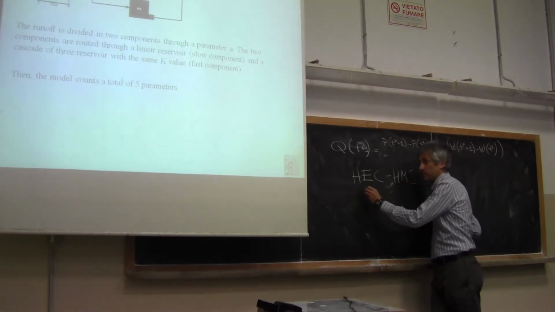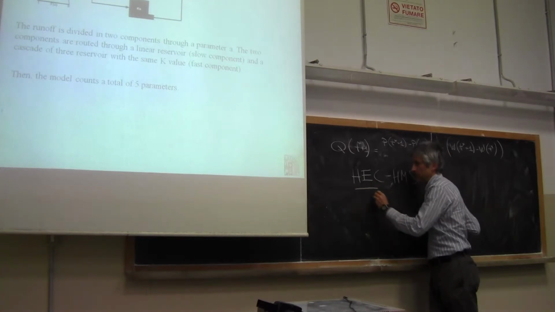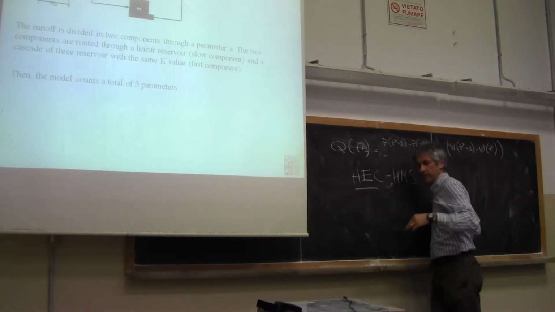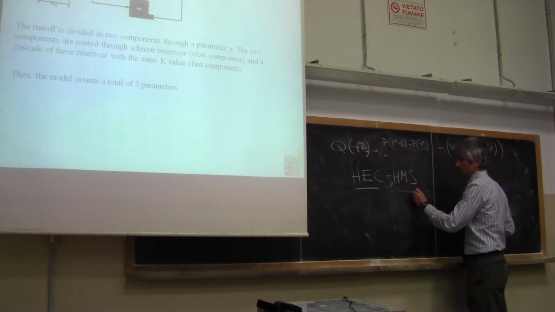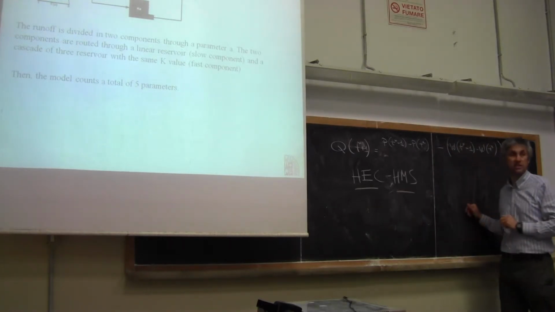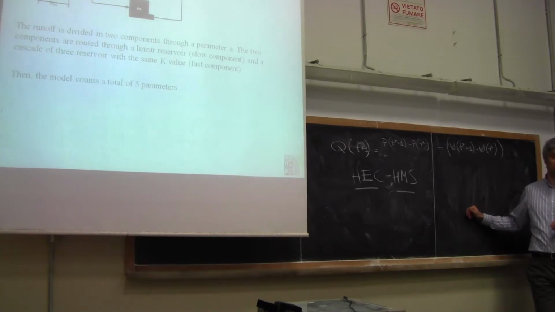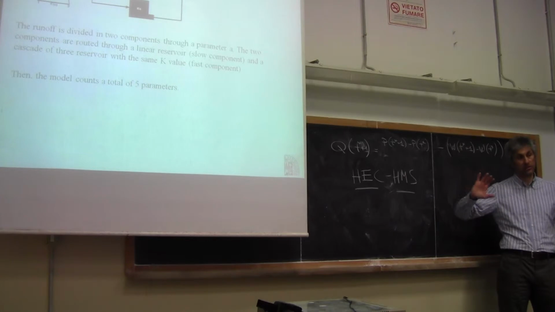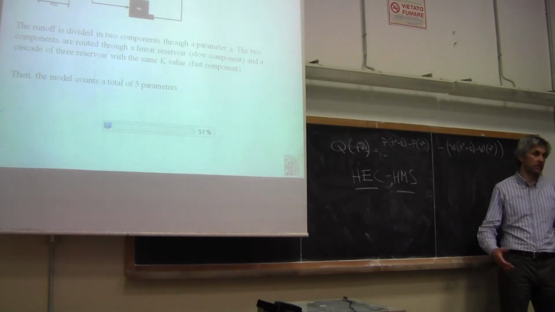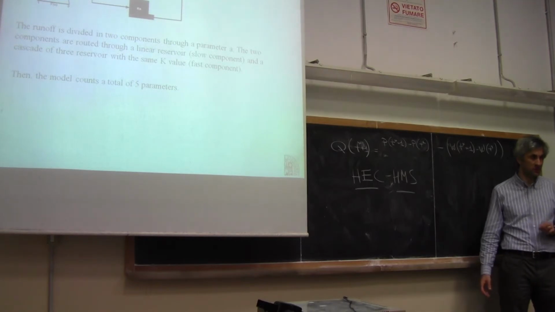HEC is an acronym to identify the United States Army Corps of Engineers, and HMS means Hydrologic Modeling System. So this is useful, and as I said, it's free. The user guide and the software are in English, but you don't have any problem with the English. Yes, please. Is there a model called HEC-RAS?